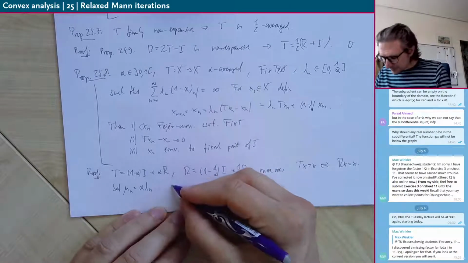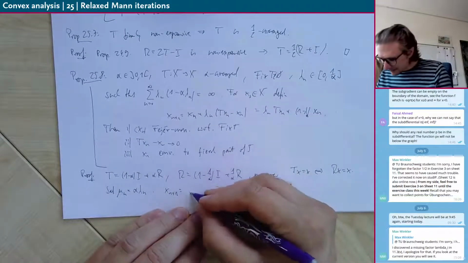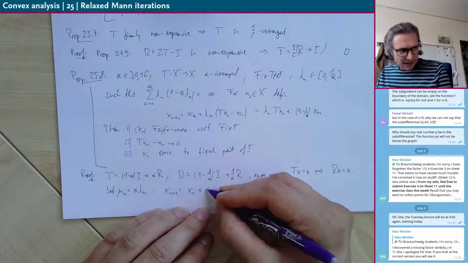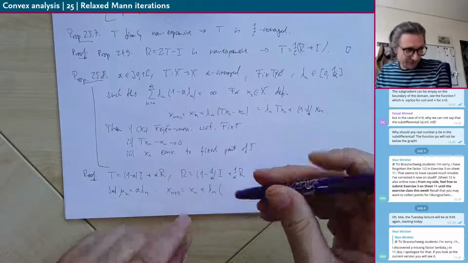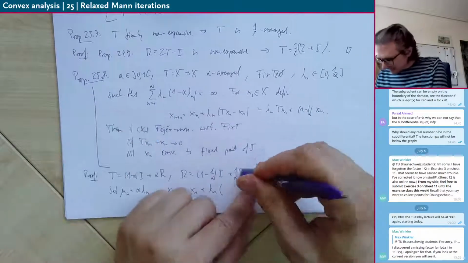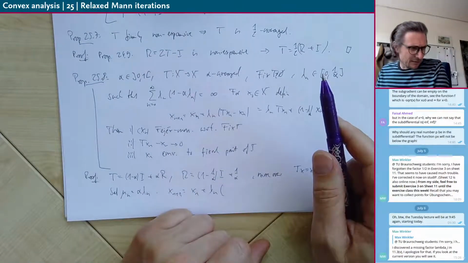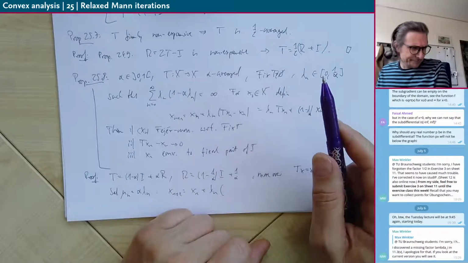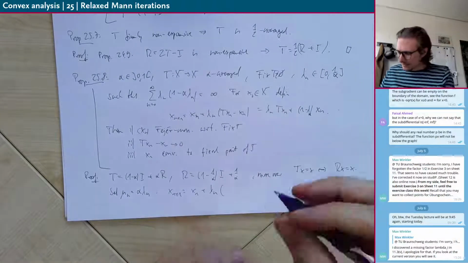So if we do that, we get x_{n+1} is equal to x_n plus lambda_n, and then here I plug in this form. Oh no, what did I do? That's actually T. Oops, there's another typo of mine.